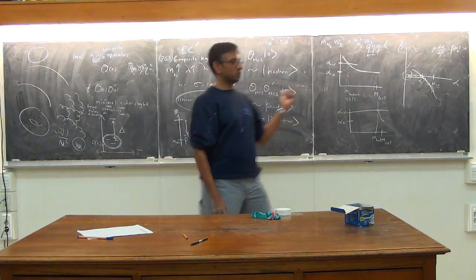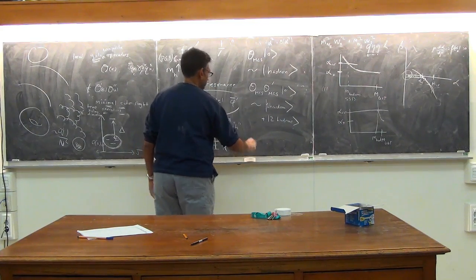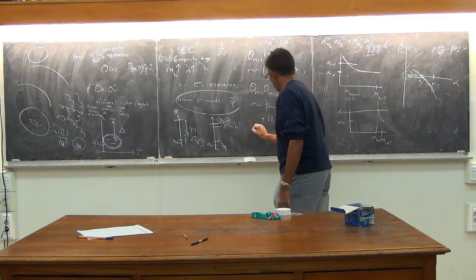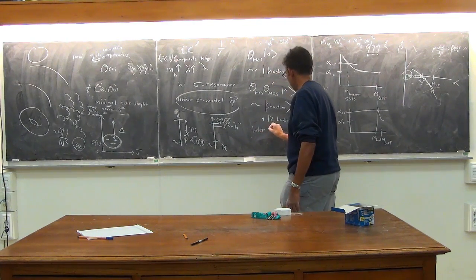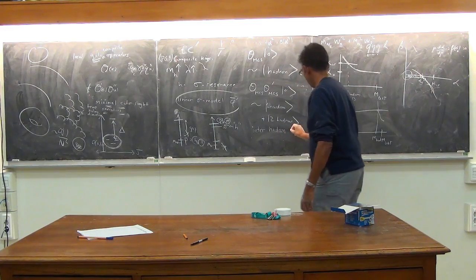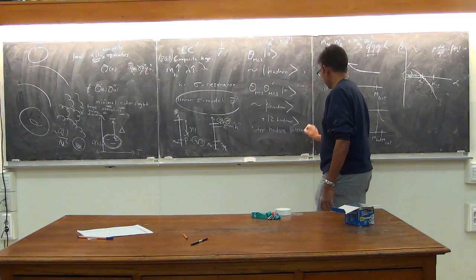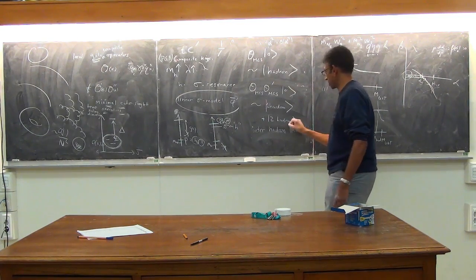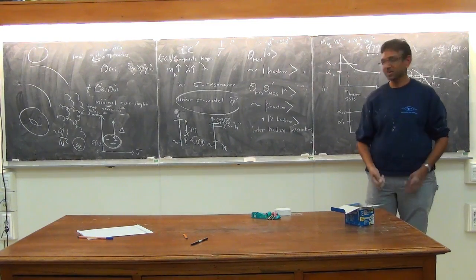Remarkably, in the large N expansion, what 't Hooft observes is that in large N, the inter-hadron forces or interactions. When I talk about interactions, I'm talking about the interactions between composite objects. Okay?